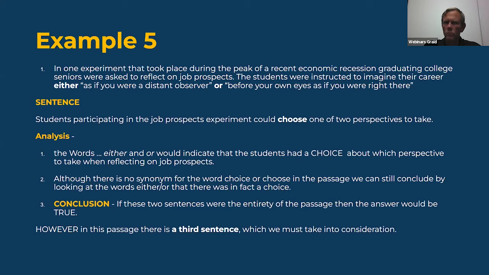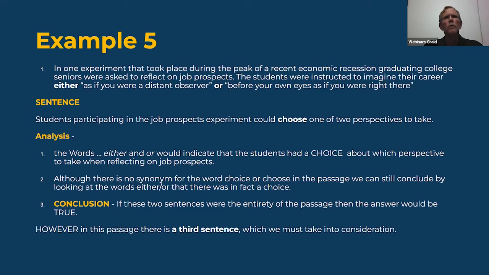Okay. Now, our sentence here that we need to compare says, students participating in the job prospects experiment could choose one of two perspectives to take. Now, choose is the key word in this sentence. This is what we are looking for in the passage.